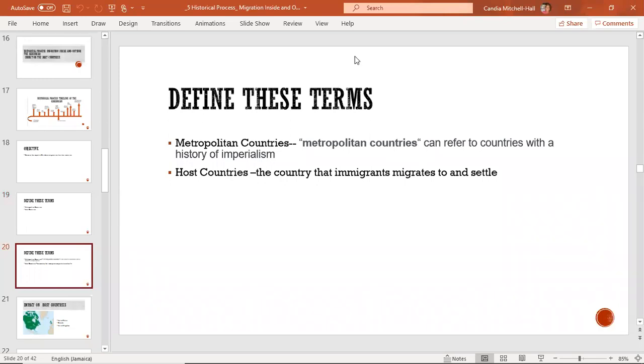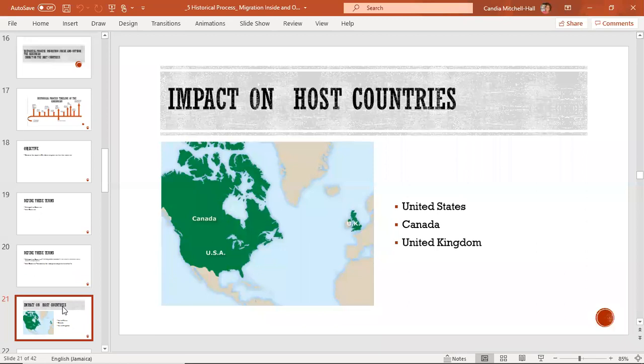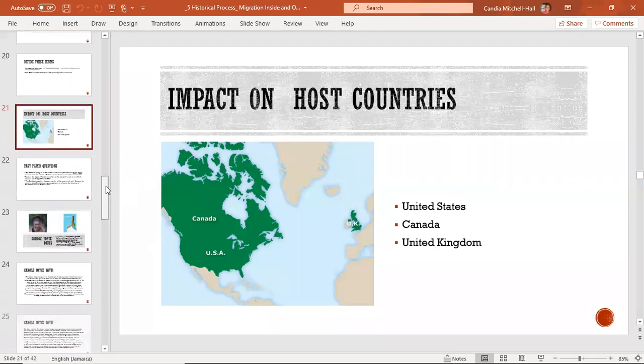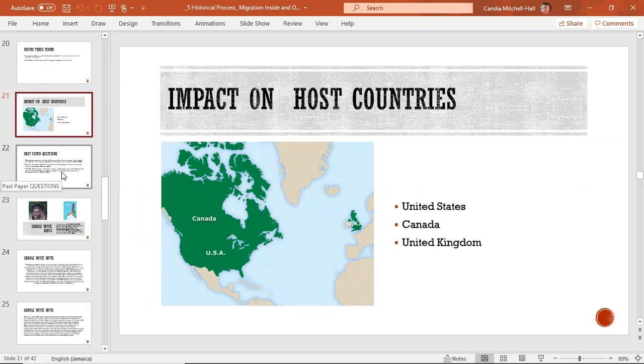So for example, places like Canada, Britain, France, Spain, those places. Now, some of the places that we have impacted as Caribbean people are the United States, Canada, United Kingdom, France. We have had major impact on those societies, and we are going to look at the impact that we have had on those societies.